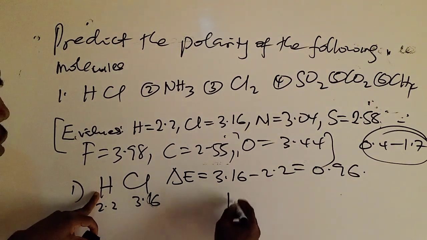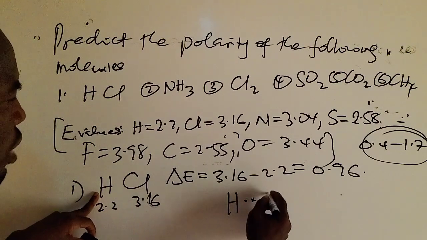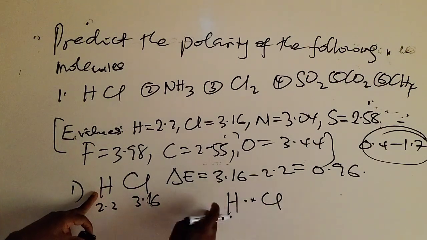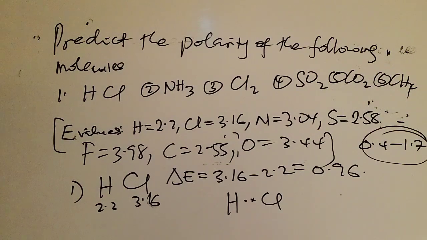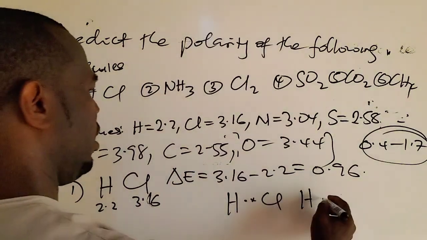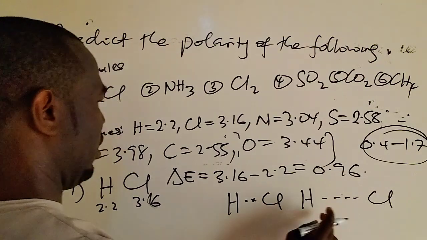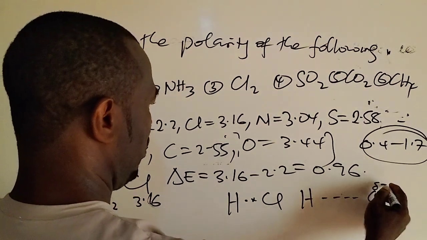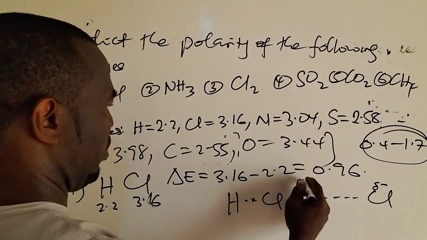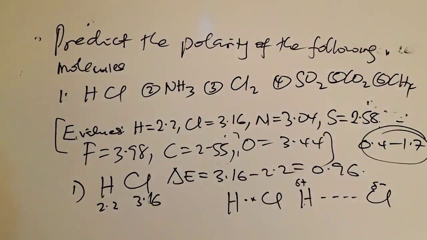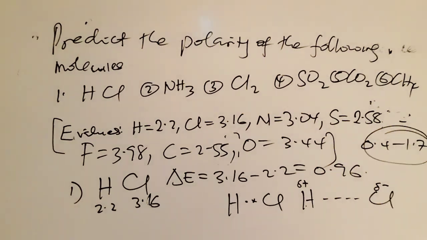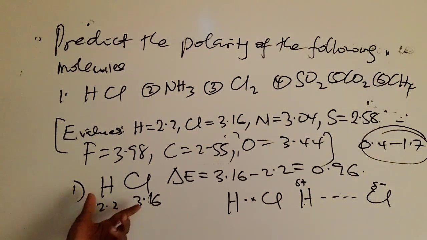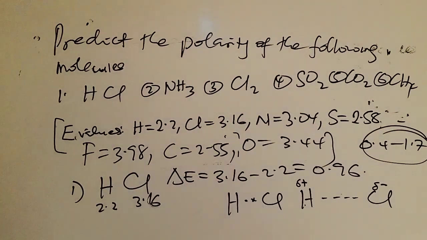These two consist of two elements with a large difference in electronegativity, so the bond will polarize, with one pulling the electrons more to itself, being partially negative, and the other being partially positive. So this bond is a polar bond, and HCl should be a polar molecule.